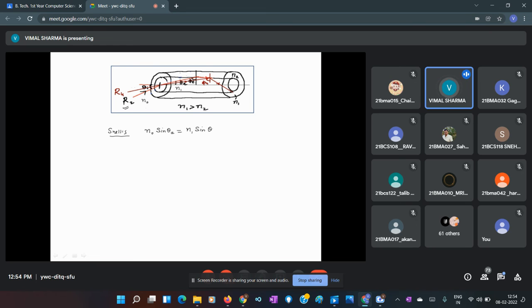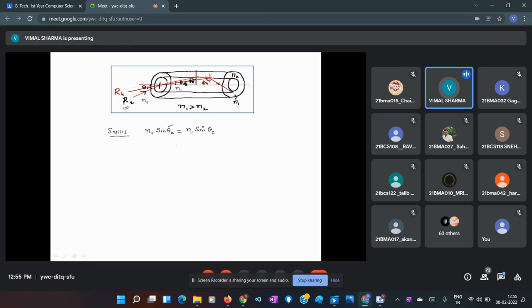This is theta r, and when this is phi c, I can call it theta c. This is theta c, because this ray which is incident at theta a, the acceptance angle, just fulfills the condition of total internal reflection, and the angle made by this at the core cladding interface is phi c, and the corresponding angle made by this ray with the axis is called theta c.